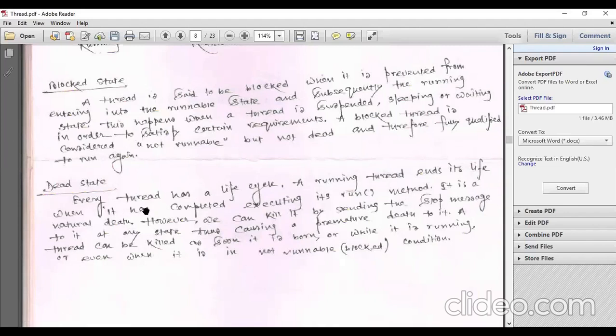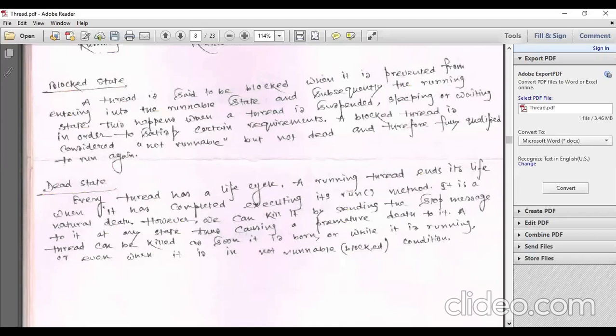So every thread has a life cycle. A running thread ends its life cycle when it has completed executing its run method, and it is a natural death. We can kill it by sending the stop message to it at any step, thus causing a premature death of it. A thread can be killed as soon as it is born, or while it is running, or even when it is in blocked state, not runnable condition.